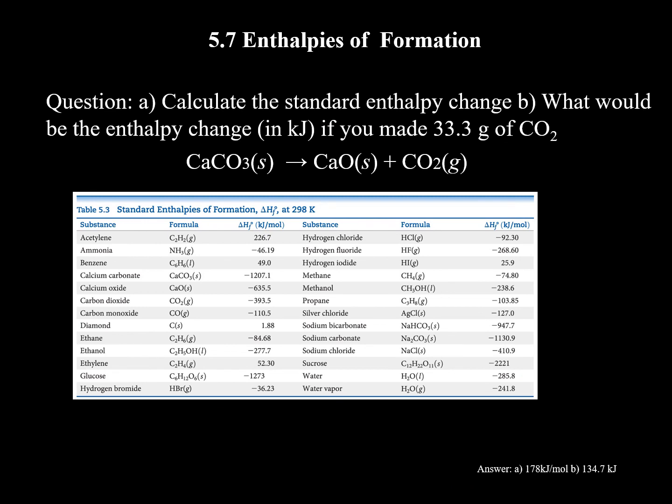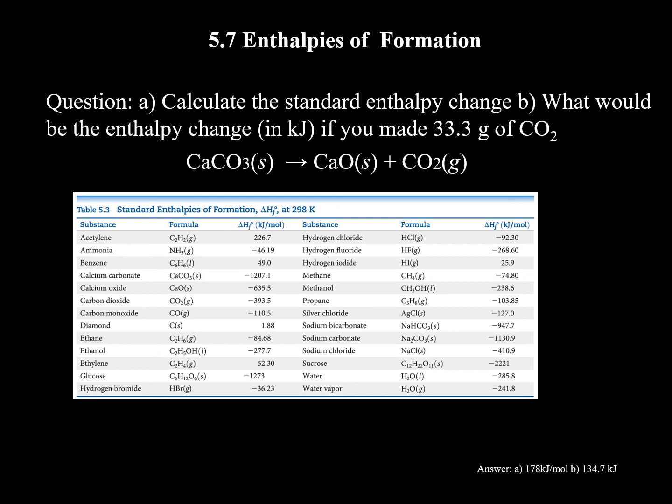Next one, we have calcium carbonate giving us calcium oxide solid plus CO2 in a gaseous state. We again do products minus reactants. First, we have to make sure it's balanced. I should have said that in the previous equation. We have to make sure the equation is chemically balanced. So we have here our products.